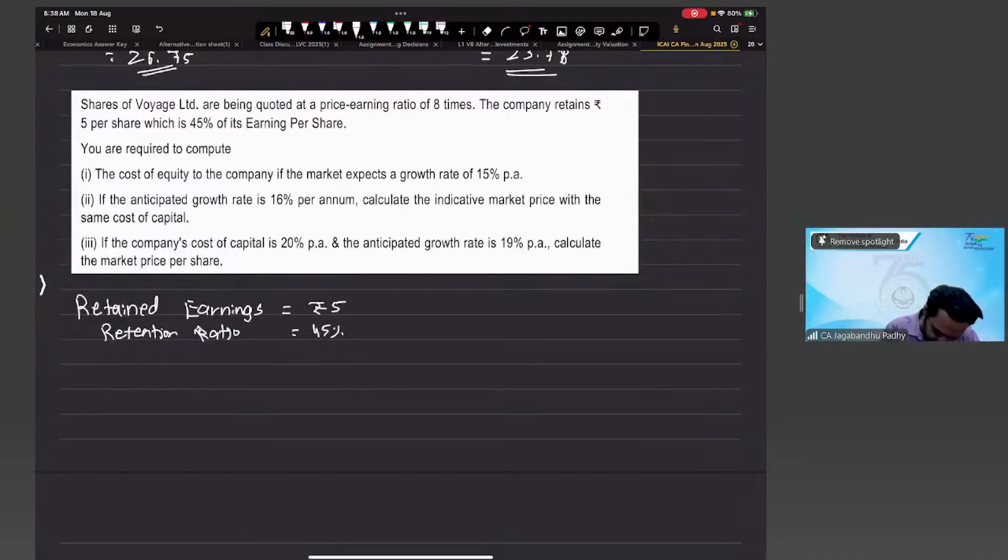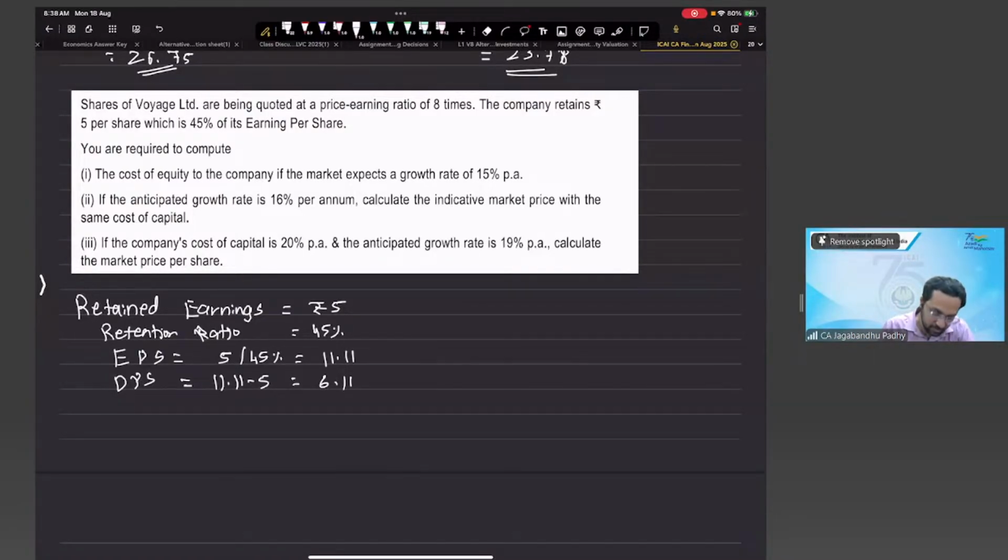So if retention ratio is 45%, what is EPS? 5 divided by 45%? 11.11. Now, of course, the dividend per share will be 11.11 minus 5, which is 6.11. Okay, so from EPS, we've got the DPS.